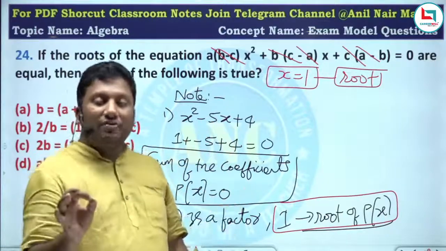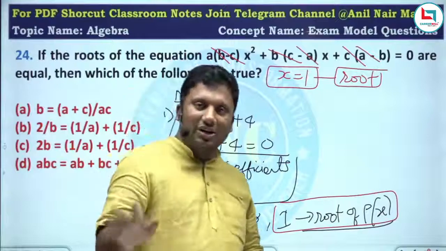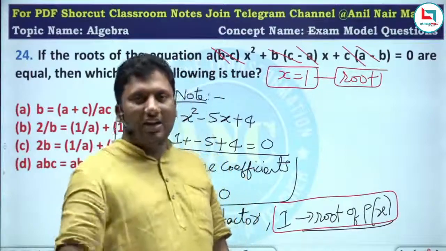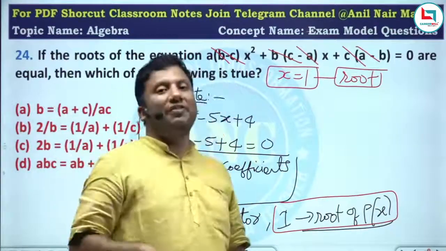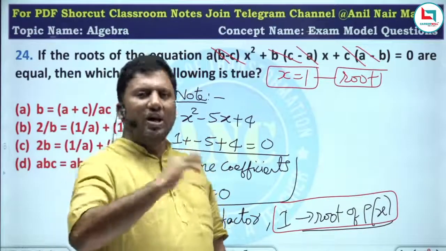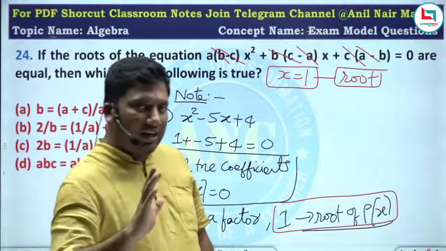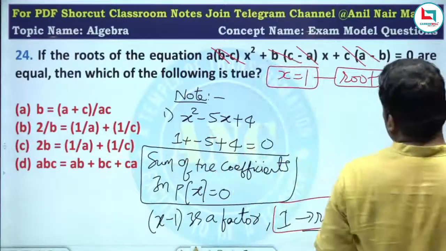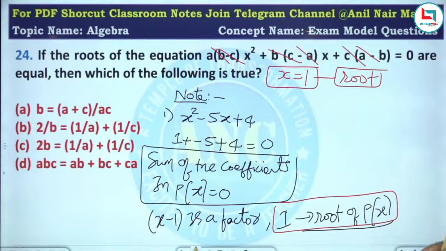If the sum of the coefficients is equivalent to 0, then x minus 1 is a factor. x plus 1 is a factor if the sum of the odd coefficients, including constant, equals the even ones; when that topic comes, I will explain x plus 1 in detail. Now, x equivalent to 1 is a root.